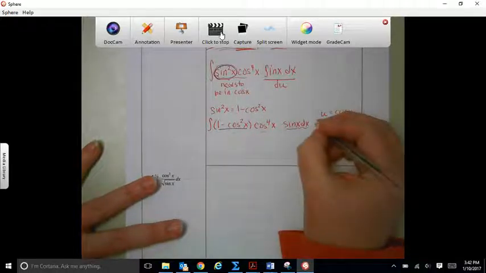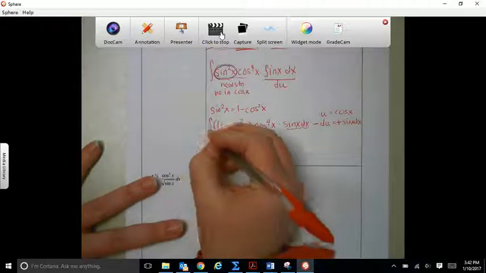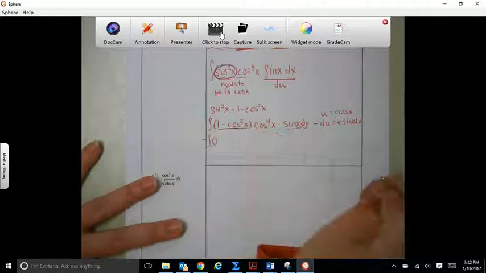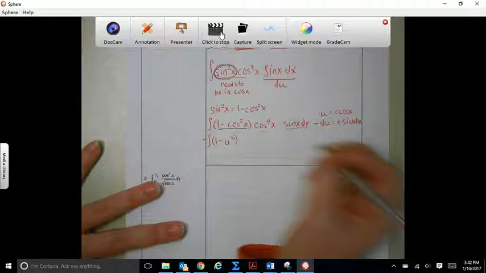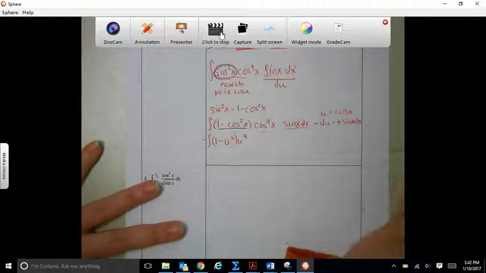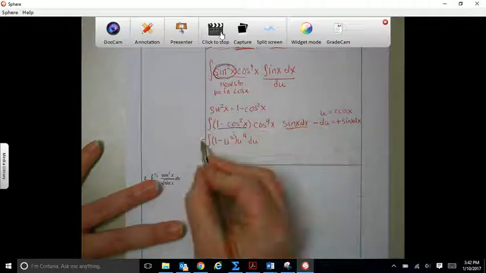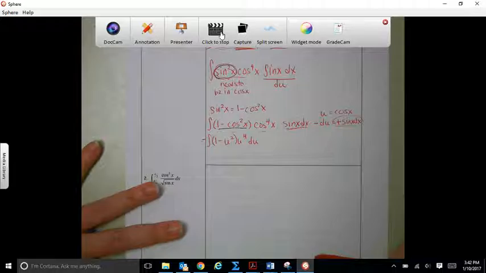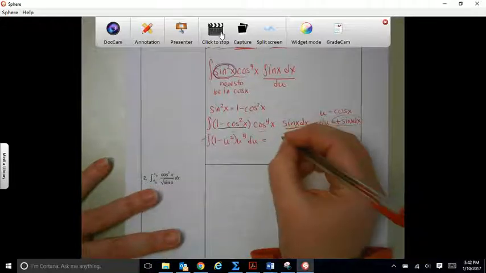I can put that negative over here. So I have this negative, 1 minus u squared, u to the fourth, and then the rest of that part is du. So that negative du was that sine x dx. And now this isn't too bad. So I can distribute.